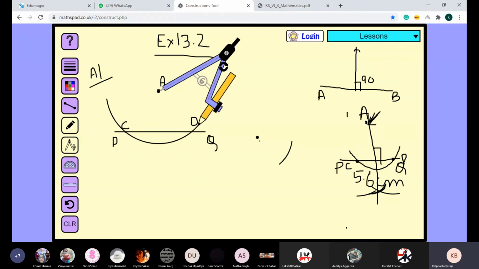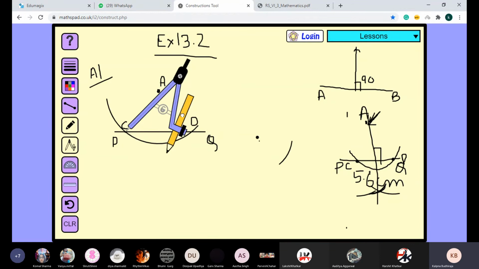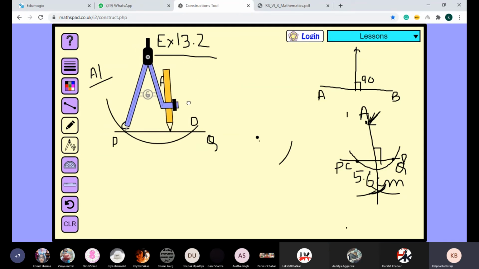Now you will place the needle at C. ठीक है, अब हमें कहाँ रखना है needle? At C, and open the compass such that it is more than half of CD. Are you able to find out this gap? Is your compass more than half of CD?